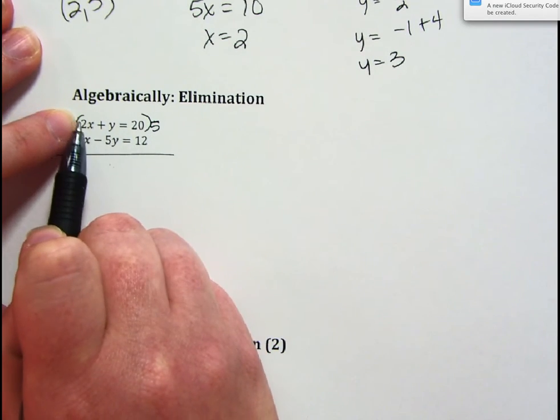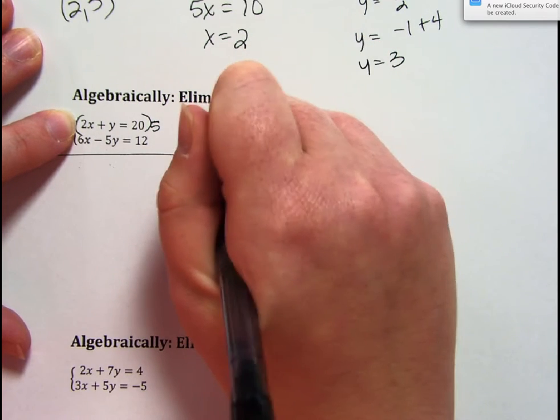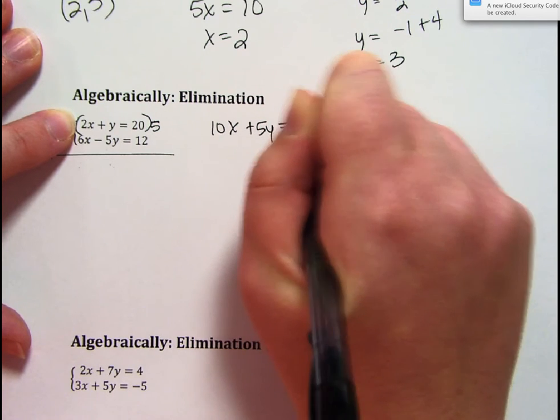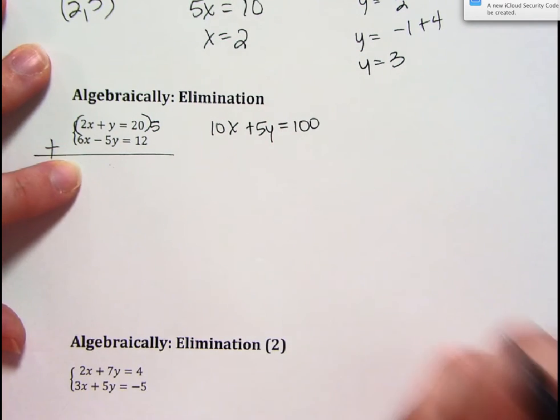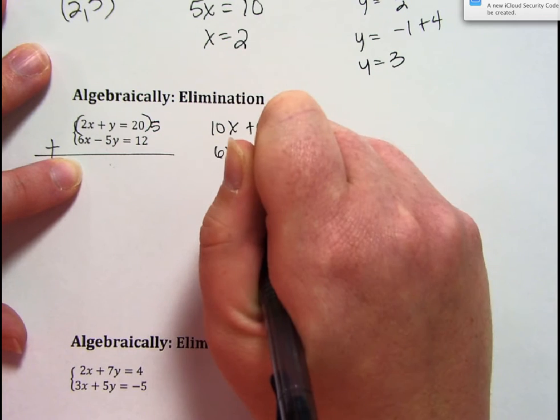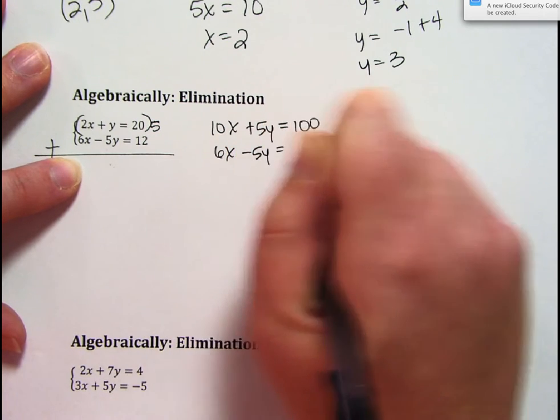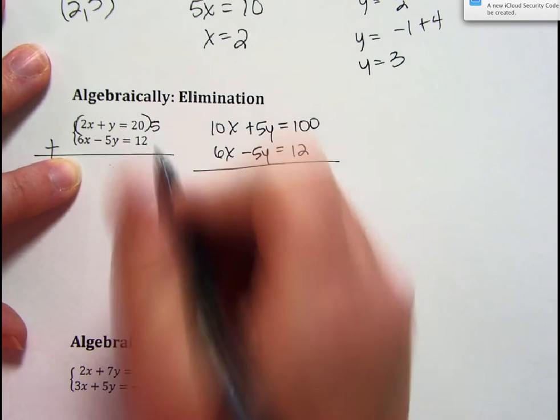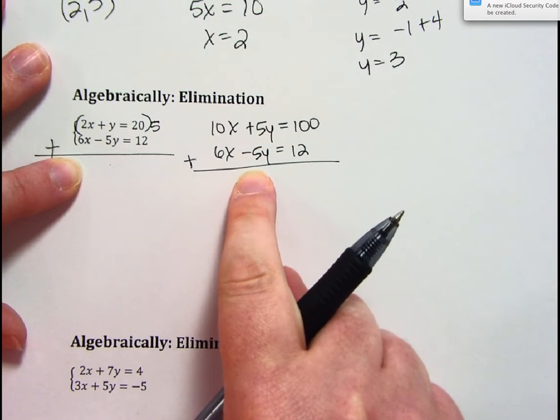So multiplying everything by 5, I'm going to get 10x plus 5y equals 100. And then we'll have 6x minus 5y equals 12. It's important that when you add, the two terms have opposite signs.